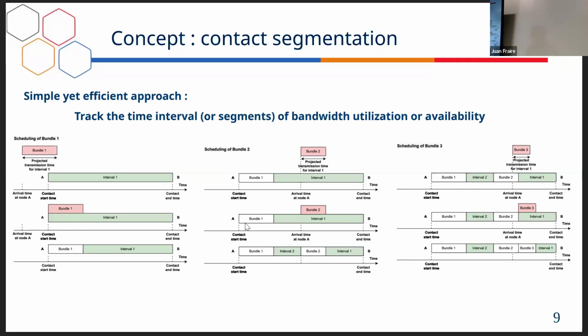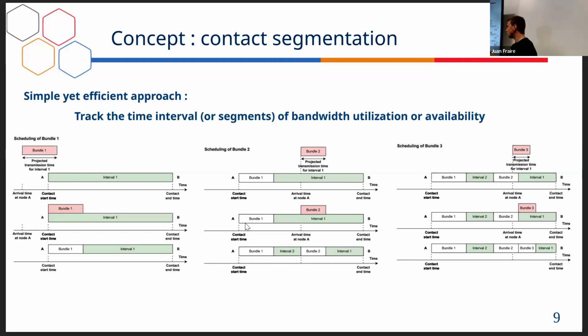If you need to transmit the bundle a bit later, then you would just cut and have 2 segments after this process. And what happens for the first case also happens for the segments which are after the first one.